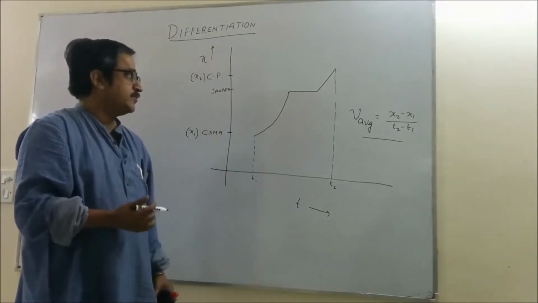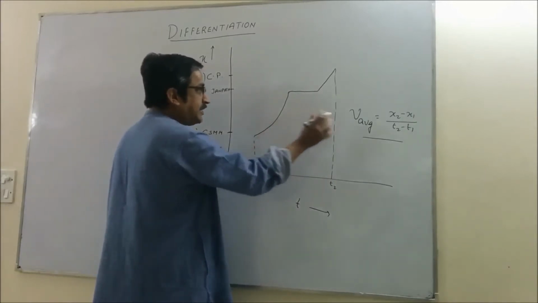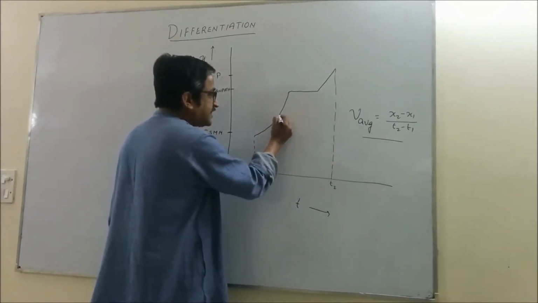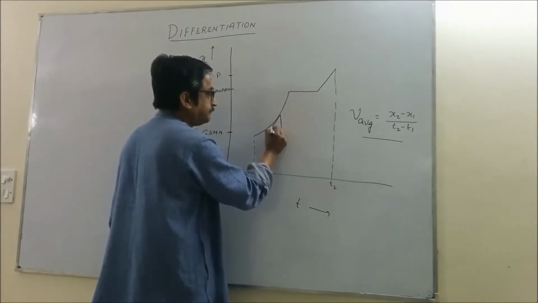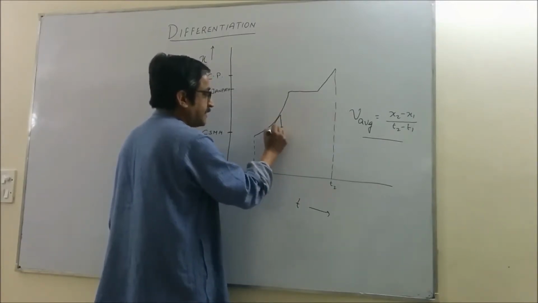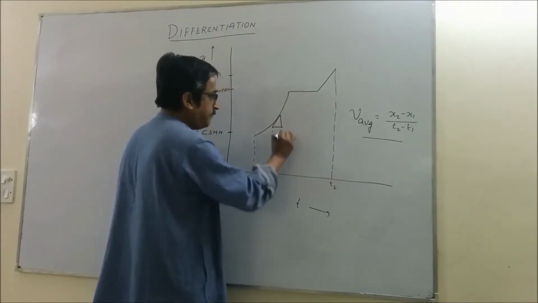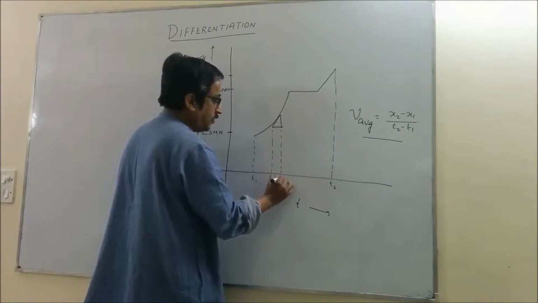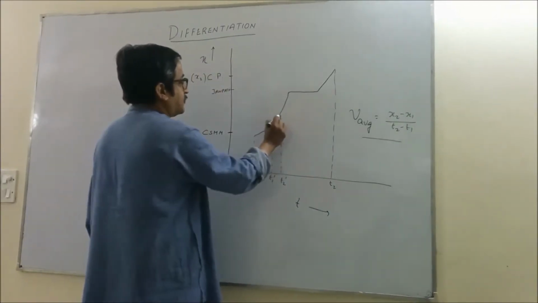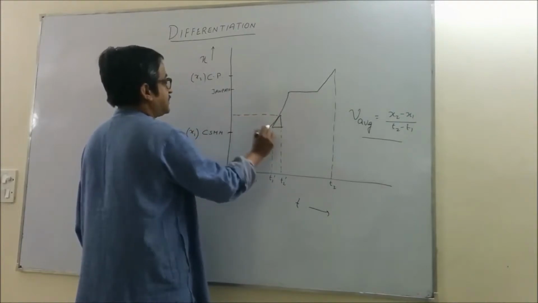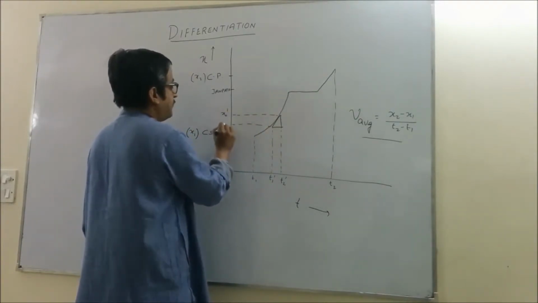So how do we address that? We address that by trying to find out the same average over a very small time interval. Suppose I take a very small time interval. Call this t1 prime, call this t2 prime. And of course, the distance covered in this time is x2 prime and x1 prime.